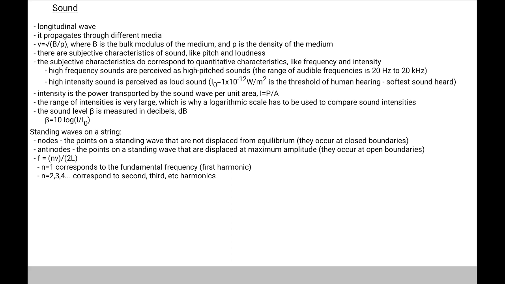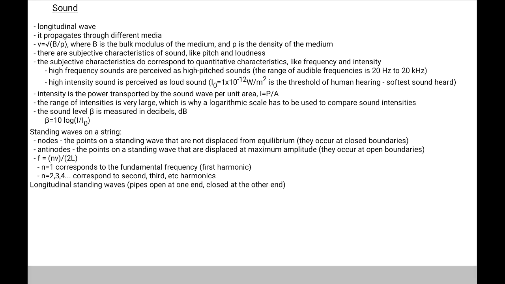So here is a summary of this. F for a standing wave on a string is n times v divided by twice the length of the string, where n equals 1 corresponds to the fundamental frequency or the first harmonic, and n equals 2, 3, 4, and so on correspond to second, third, fourth, and so on harmonics.